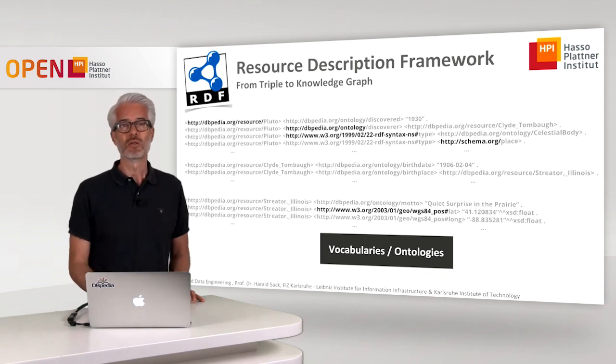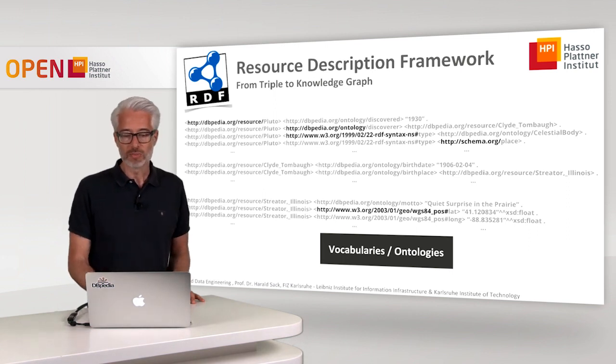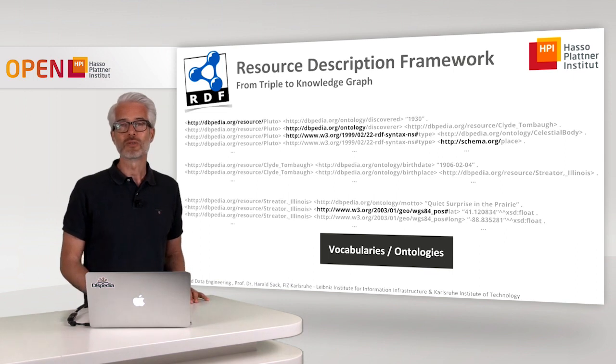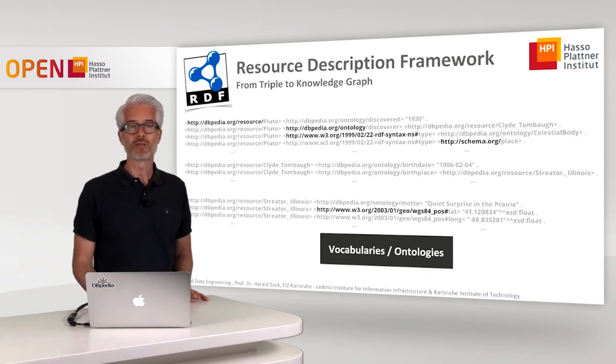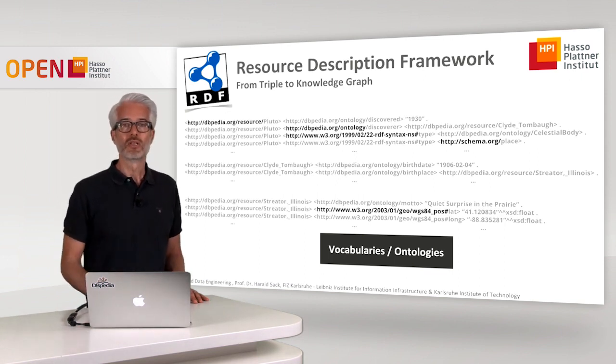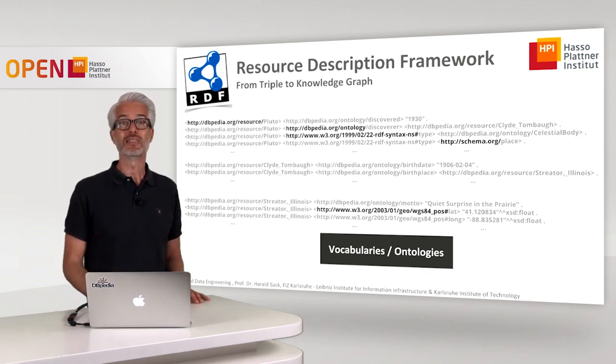Therefore, you will rather often see URIs stemming from DBpedia. And there are other namespaces used, as you see here. Schema.org is used here, or we have the W3 namespace, once for the RDF vocabulary or for the geo vocabulary, where different kinds of properties are defined and can be referenced.